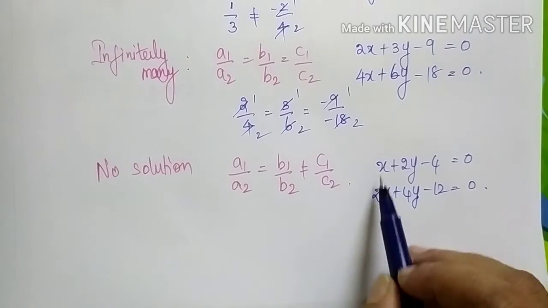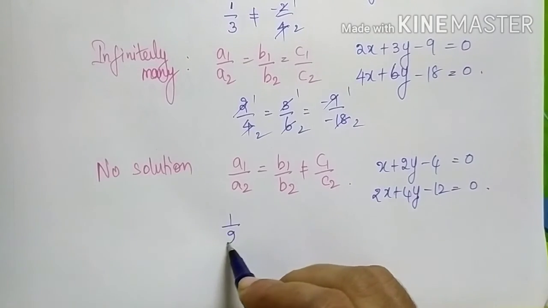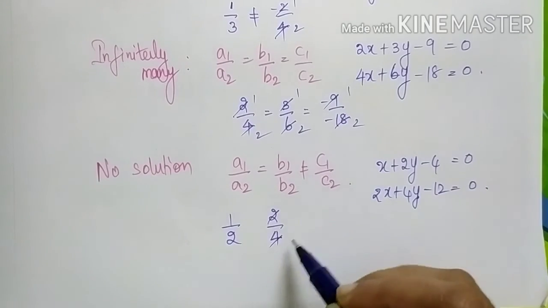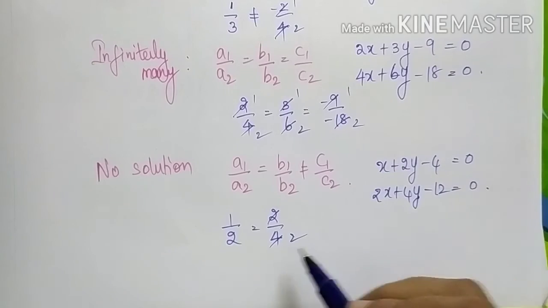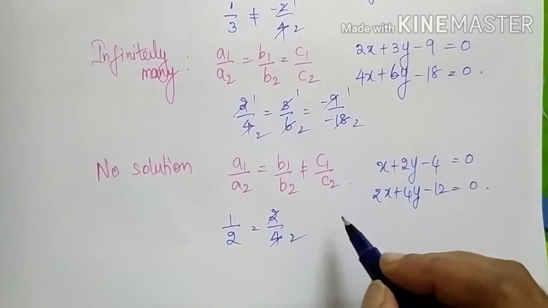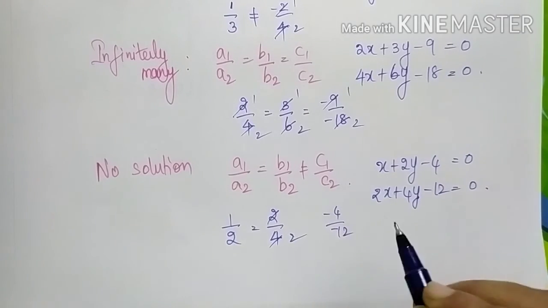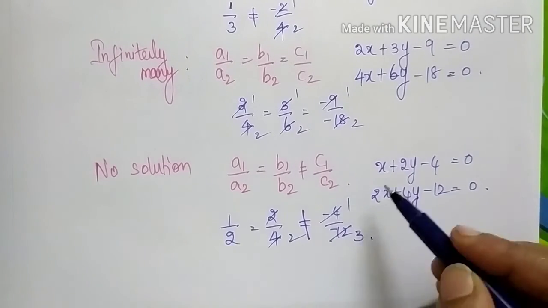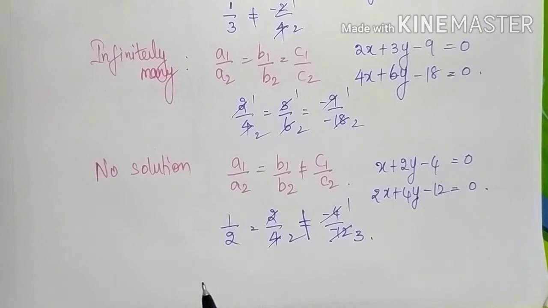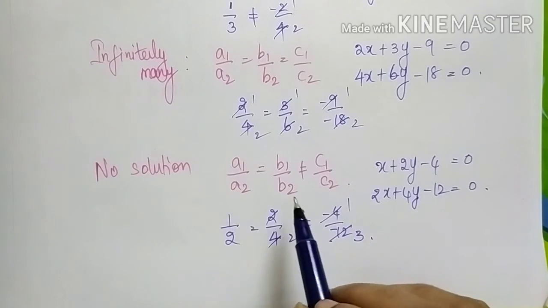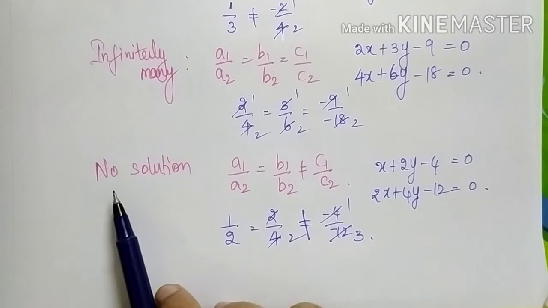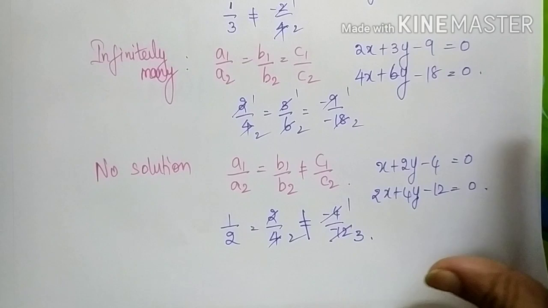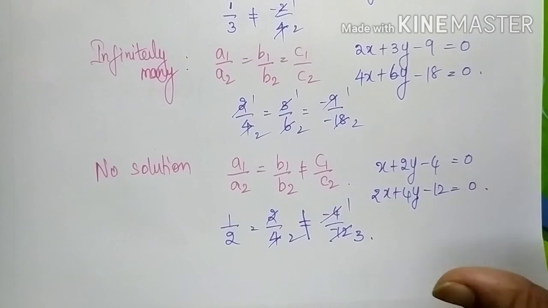Here a1 by a2 is 1 by 2 and b1 by b2 is 2 by 4. As you see, both these are equal now, but when you take c1 by c2, it is minus 4 by minus 12. When you cancel, you will get 1 by 3, which is not equal to 1 by 2. So the condition is satisfied, and our system has no solution. So this is the discussion for consistency of a system of linear equations in two variables.